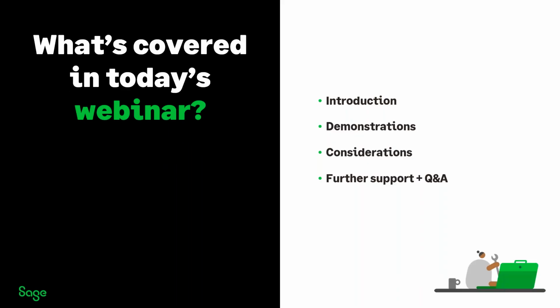Now, this is what I'm going to cover in today's webinar. A brief introduction to customer receipts and supplier payments. We'll run through a number of demonstrations in the software. I'm just going to be using the demonstration data today, so if you are wanting to follow along using your software, more than welcome.